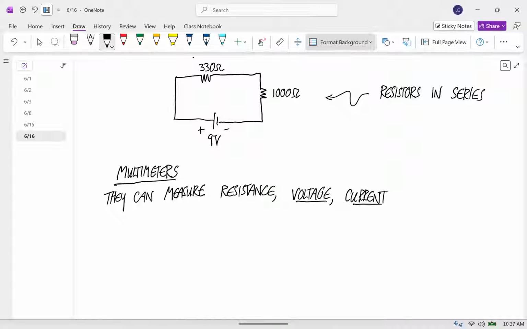And there are really 2 key things to remember as you use these multimeters. I'm going to write them up here first. Then we're going to get the multimeters, do the things, and I'm going to keep reminding you of these things. Whenever you use a multimeter, these should be the 2 things that you have in your head.